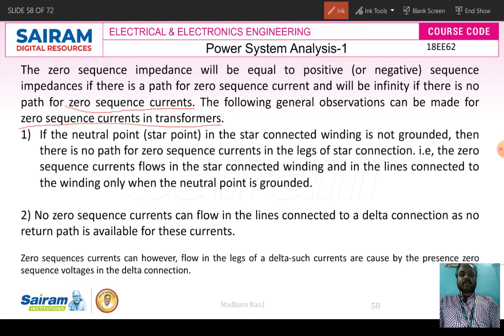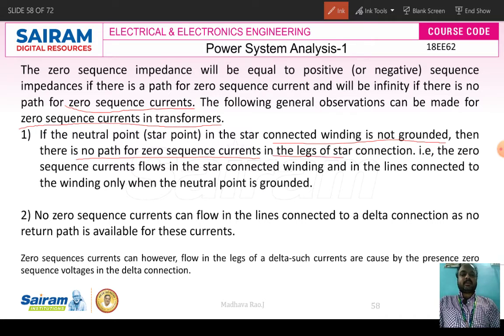The first point: if the neutral point in the star connected winding is not grounded, that means the neutral point is open, then there is no path for zero sequence current in the legs of the star connection.